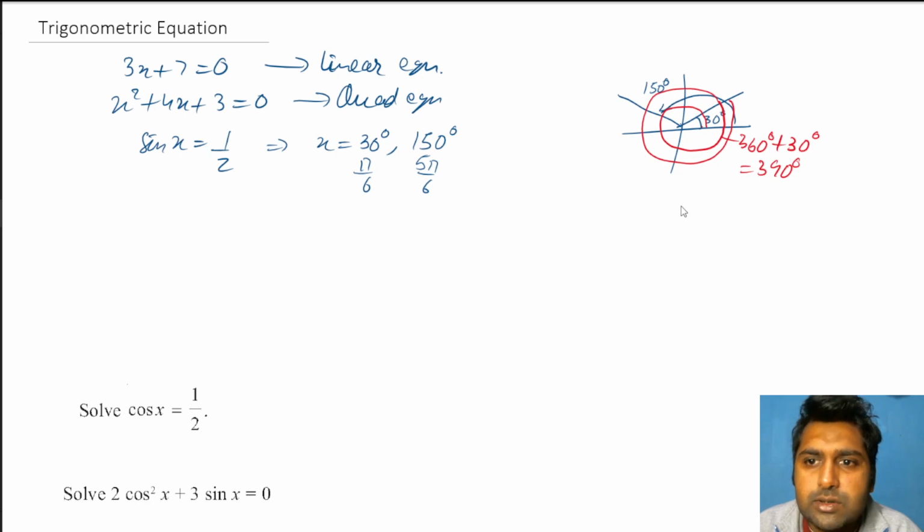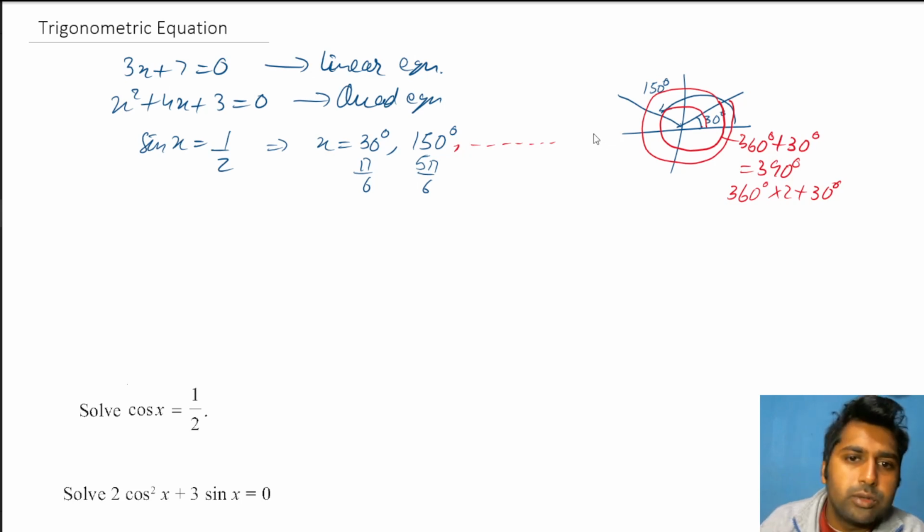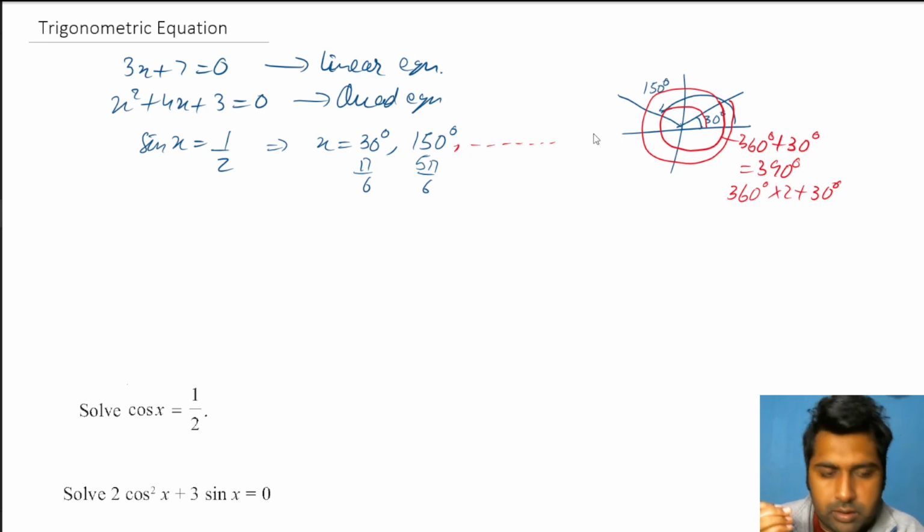For two rotations also this will happen. That means 360 degree into 2 plus 30 degree again will give us another solution. That means there are multiple answers for sine x is equal to 1 by 2. So we'll have to find the principal solution and the general solution.